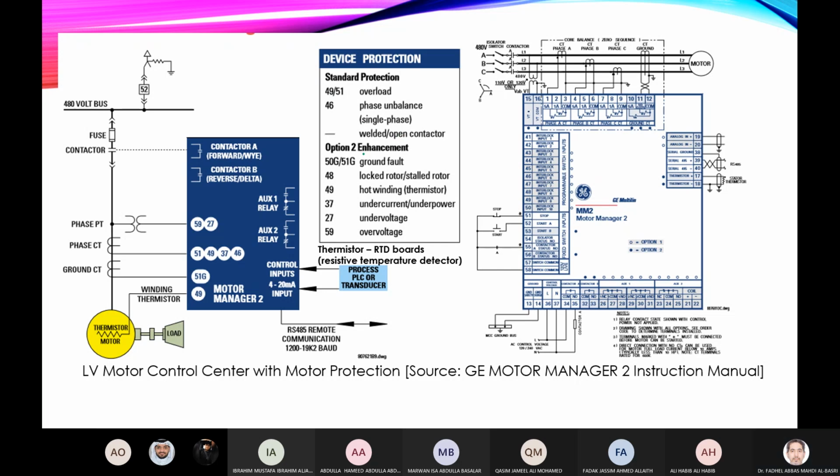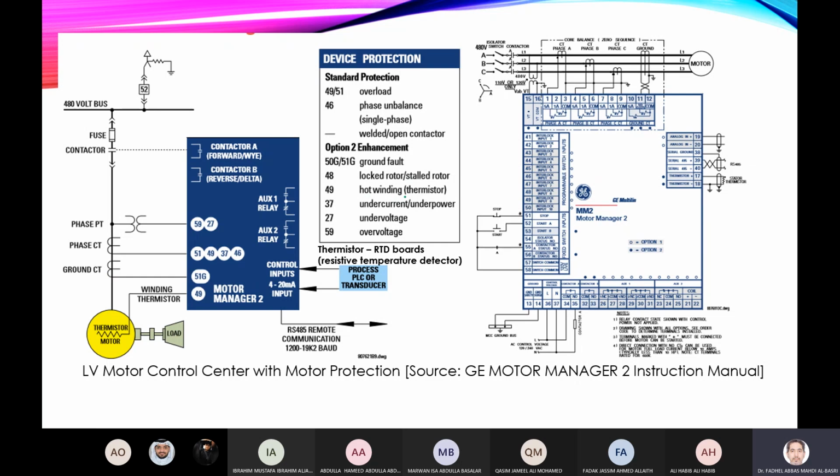You can have another option of adding 50G and 51G through a core balance CT, and we have locked rotor or stall protection.